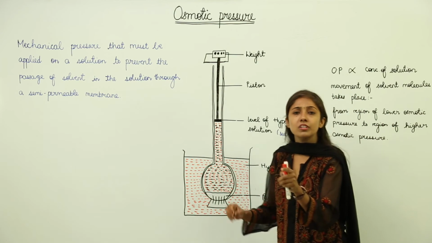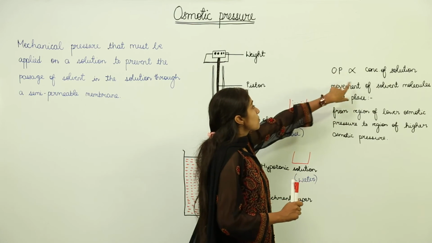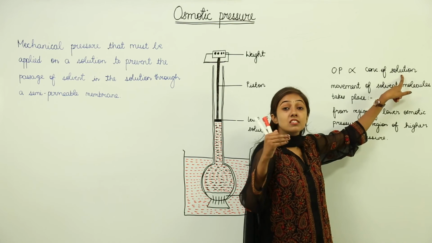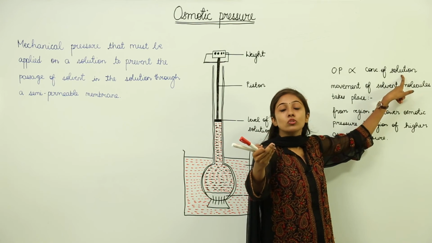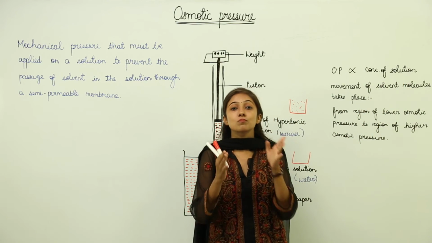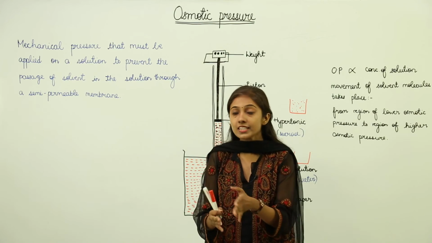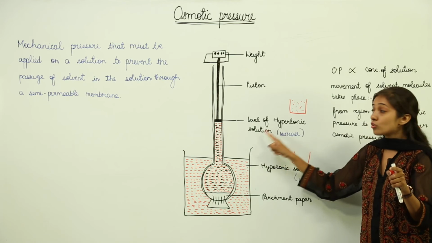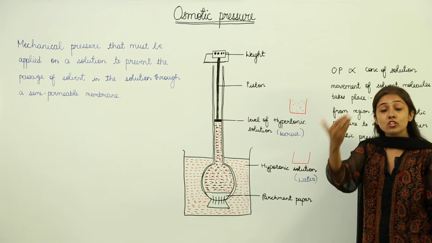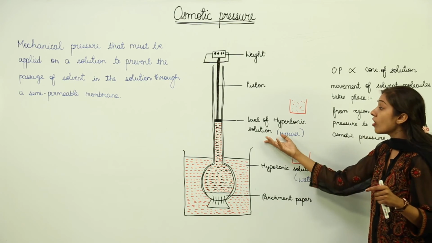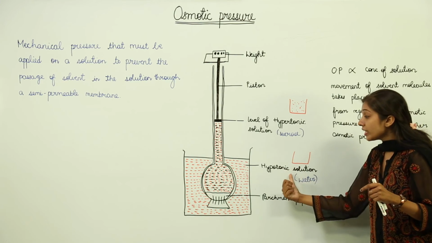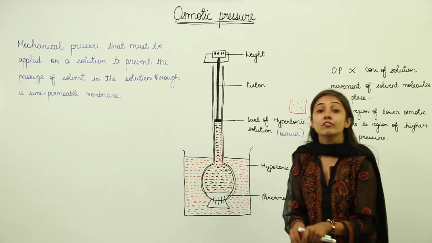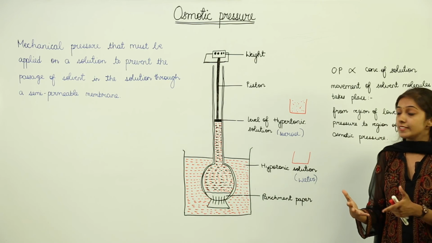So, just remember the common funda that osmotic pressure is directly proportional to the concentration of solution, means the more concentrated the solution, the more is going to be the osmotic pressure, right. So, we have also discussed hypertonic solution, means the solution which is at higher osmotic pressure, which is more concentrated, and hypotonic solution which is at lower osmotic pressure, which is more dilute, you can say, right.